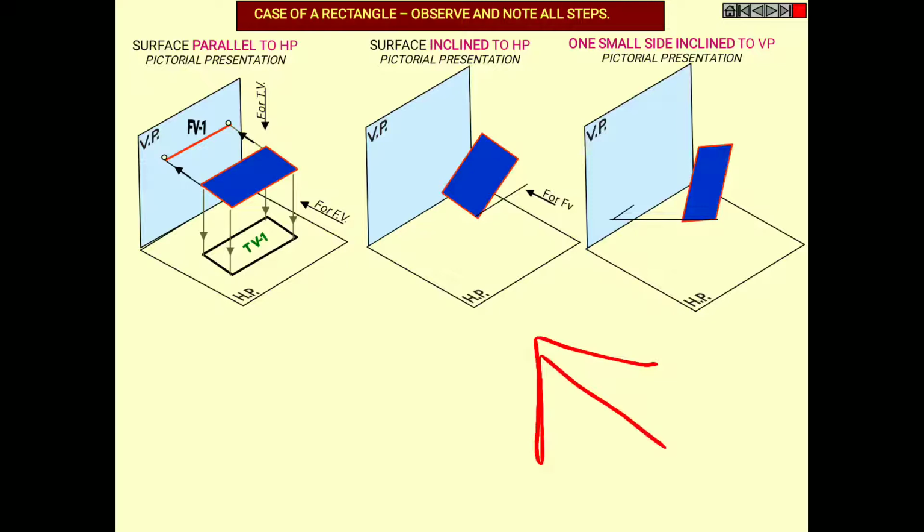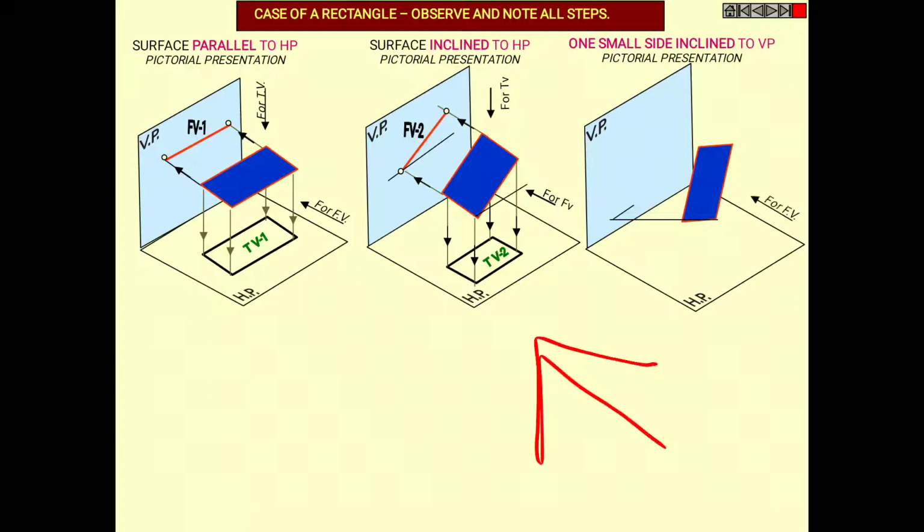For the second case, you can see an inclined straight line in the VP. With the projection of that, you can see similarly a rectangle in the top view on the horizontal plane, but not with the original value, with a slightly reduced value since it is inclined. So this will be your top view.